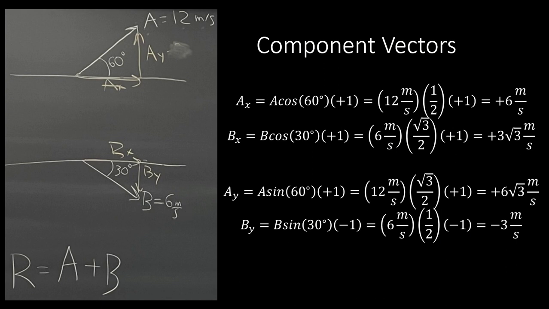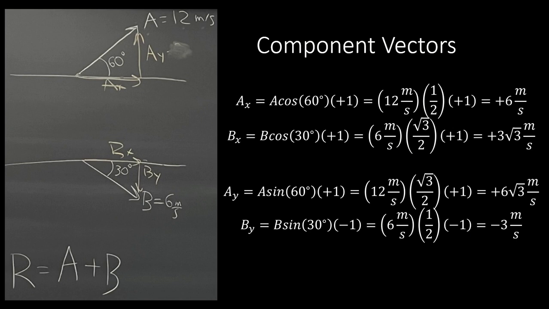Whenever we have vectors that are at angles, we don't really use pluses or minuses to give a direction. We instead have our angle as its direction. That's why we have A equals 12 meters per second at 60 degrees, and B equals 6 meters per second at 30 degrees below our x-axis. The degrees will count as the direction.